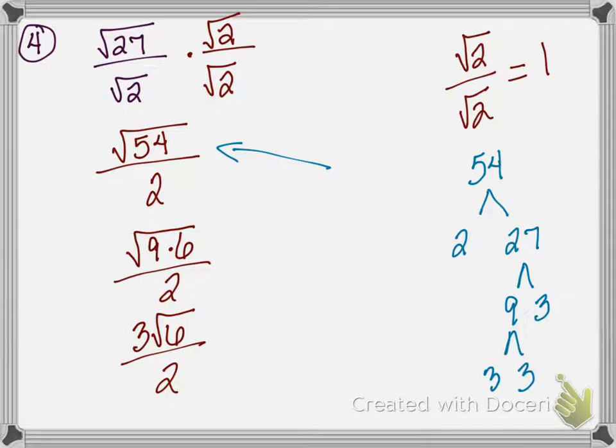So my prime factorization of 54 would be 3 times 3 times 3 times 2. I have a set of 3's right here, and if I have 2 3's inside the square root, that simplifies to 1 3 on the outside. And then 3 times 2 is 6. So that's how I could do the square root of 54 if I can't immediately identify that there's a 9 in there. Okay?